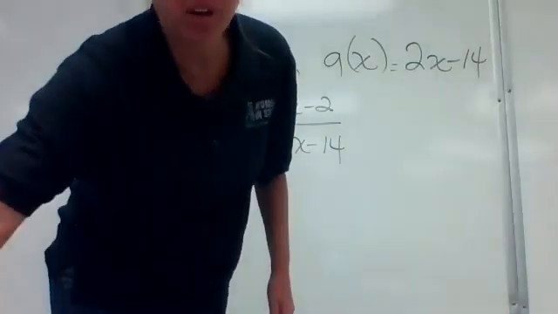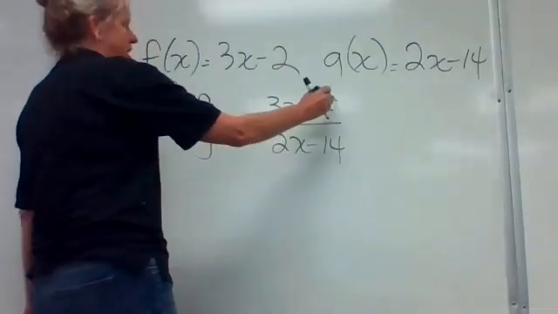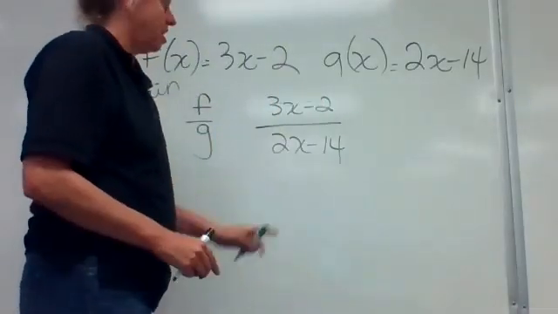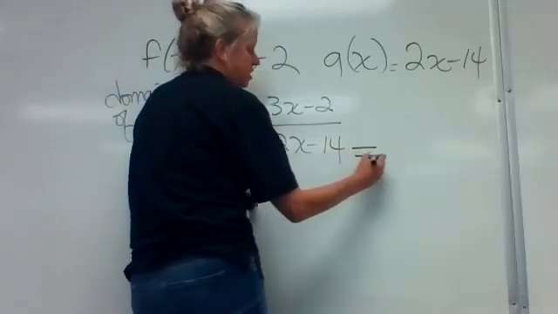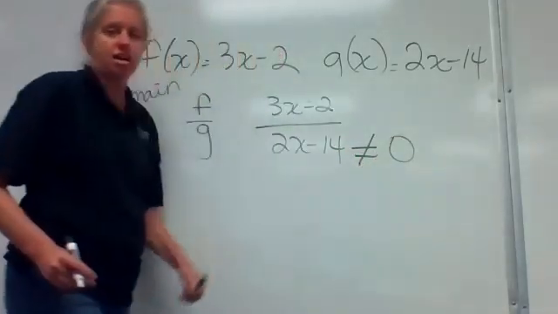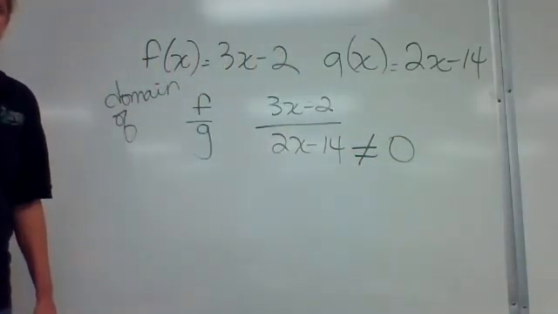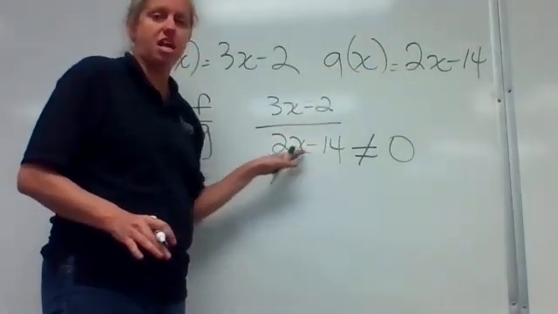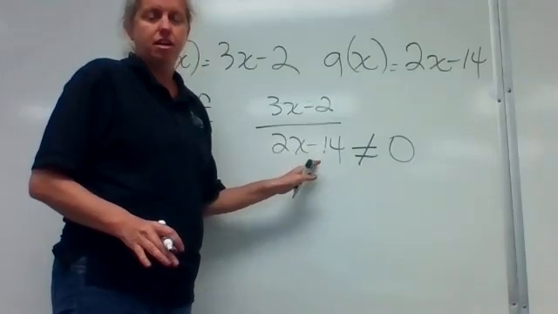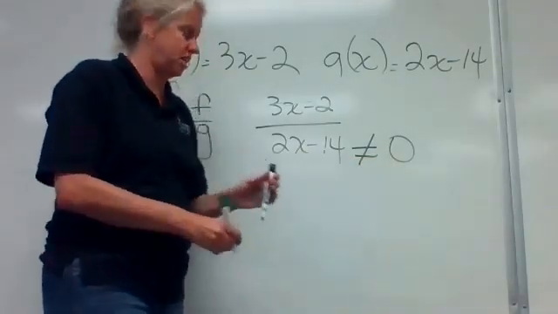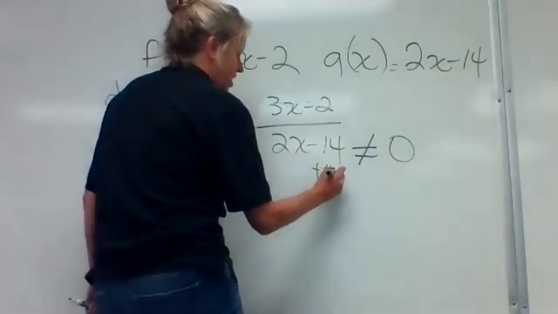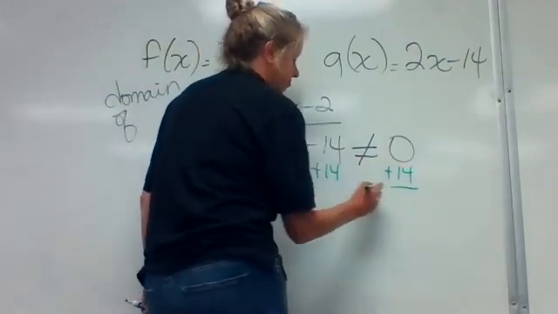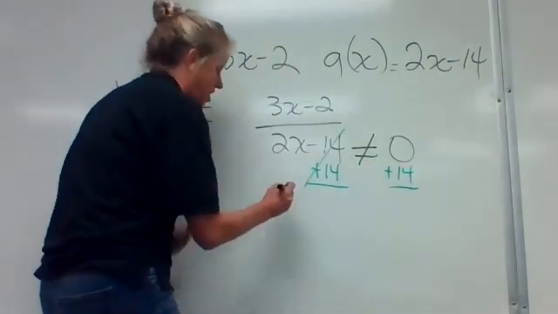Now remember, if I'm just asking about domain, I don't care anything about the top. All I'm concerned about is that the denominator cannot equal 0. So when I put the f over the g, it made the g be the denominator that I needed to set up to not equal 0. So I'm going to add the 14 to both sides. Get rid of that minus 14.